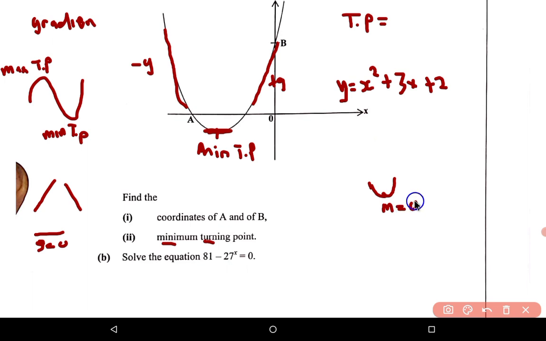This is what we have to bear in mind, that on the turning point, the gradient is 0. We're going to solve this and explain it in a much better way so that you can get it. So here's how you're going to do this.